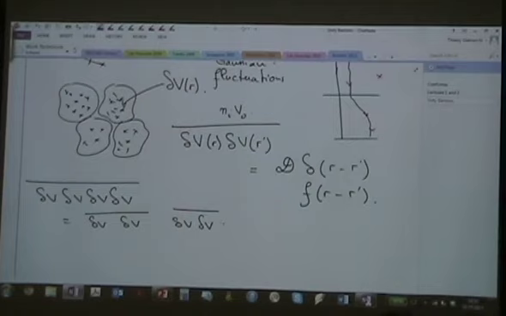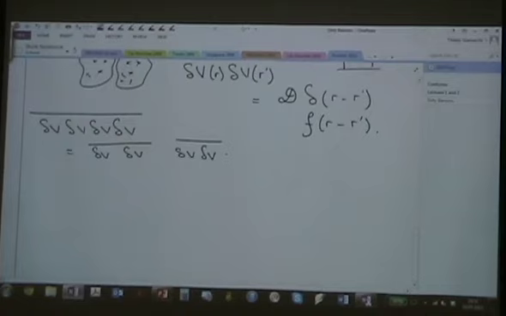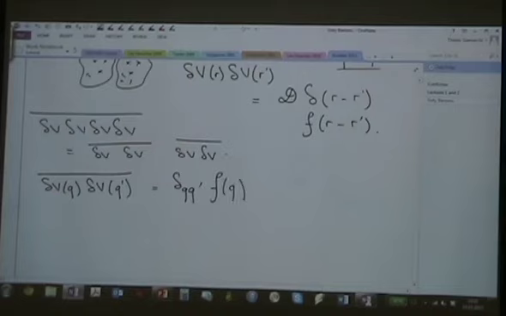So if I have something like this, I can also do it in Q space. I can say that the correlator of delta V of Q and delta V of Q prime is delta of Q, Q prime times my function F of Q, which is translating here the real space correlator of my impurities. Of course, if I have delta function correlations, this F of Q is simply a constant.